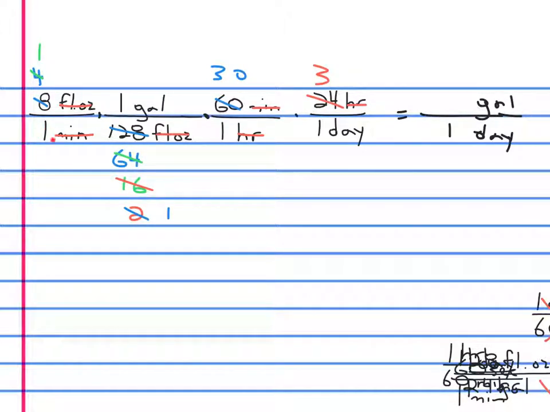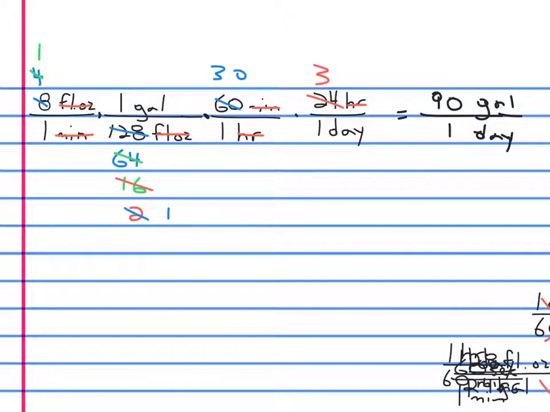Now we've got everything on the bottom canceled down to 1. And so 1 times 1 times 1 times 1 is going to give us that 1 day that we're looking for. And if we multiply the numbers on top, we've got 1 times 1. We can kind of ignore the 1s because they're not going to increase anything when we multiply, but 1 times 30 is 30, times 3 is 90. And that results in a leak of 90 gallons.